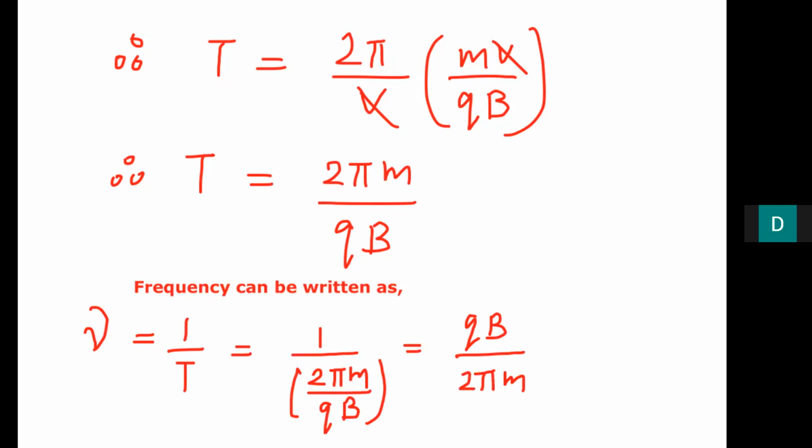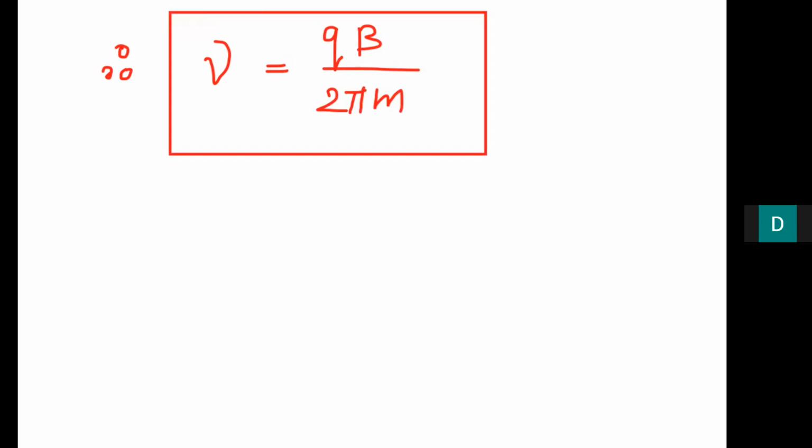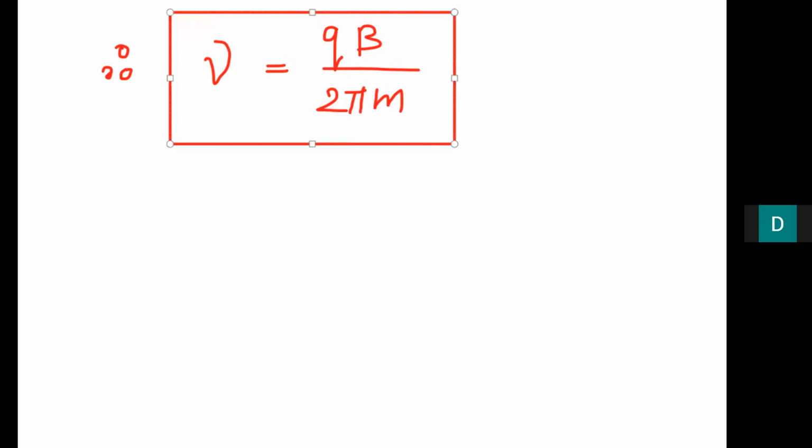So I can write mu is equal to qb upon 2 pi. This is how I can write it. This is basically the frequency, the expression of cyclotron frequency.